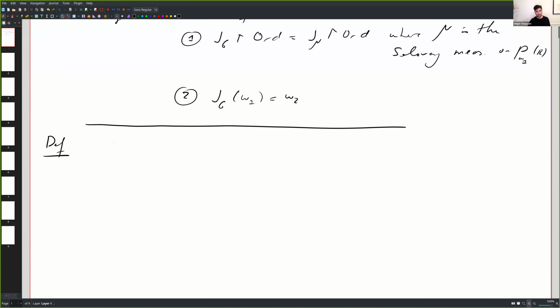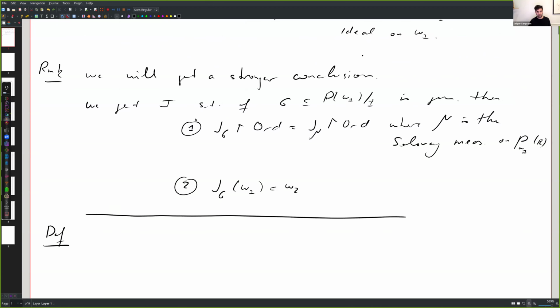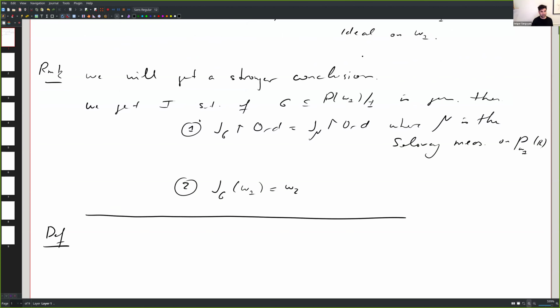So reversing this, the two theories are actually equiconsistent. Let me write that here. Theorem: the following theories are equiconsistent.